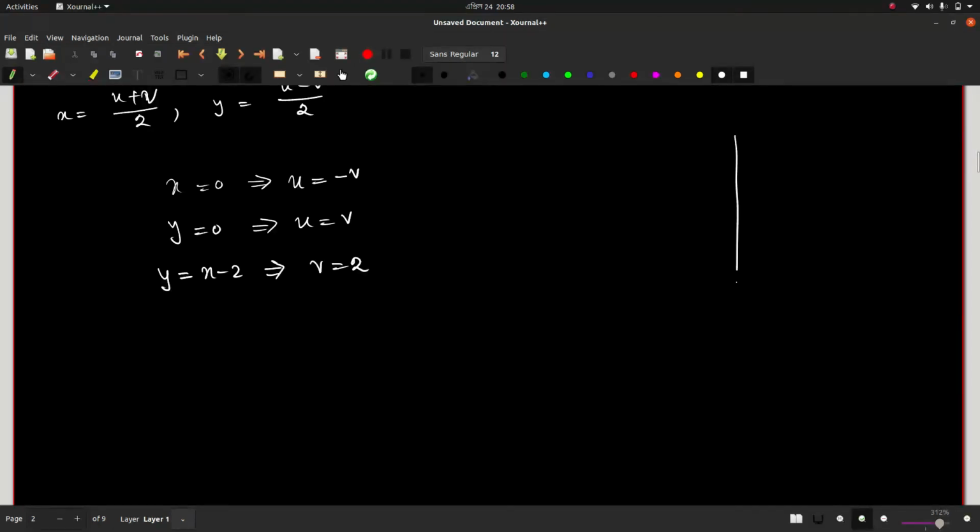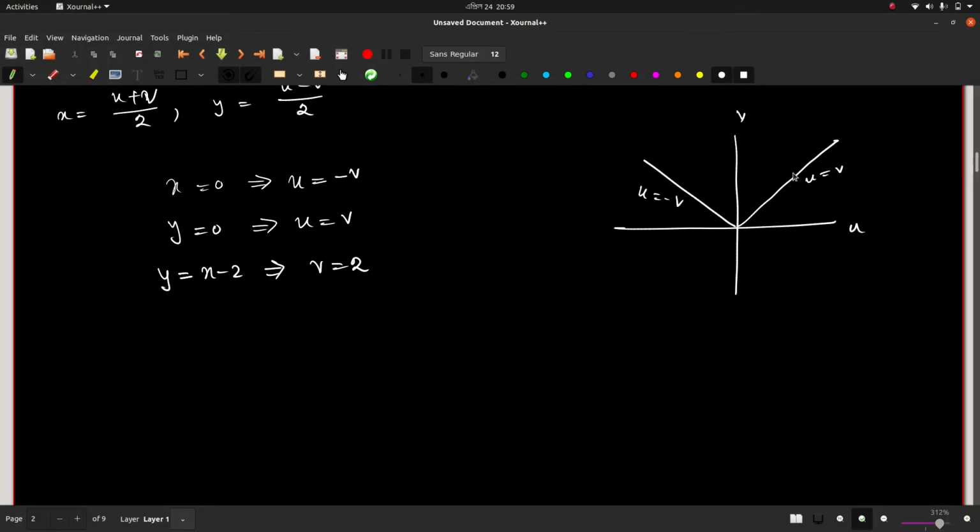So if you draw this region in the uv coordinates, it will look something like the following. This is the u equals v line, this is u equals minus v, which is just a mirror reflection of this one, and then there is this v equals 2. So this is now our new region.